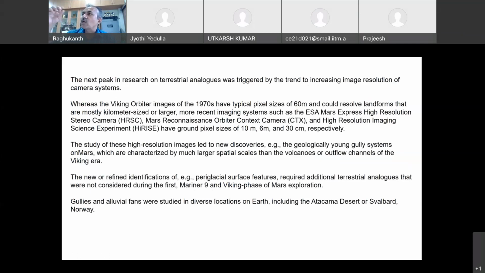From the orbiter you have the topography images and the images also at this extremely high resolution. 30 centimeter means you can identify small boulders, boulder tracks, landslides, everything you can see through these high resolution images. Studying these high resolution images, the analysis of gully systems, water flows, volcanoes, all kinds of things became very very easy.